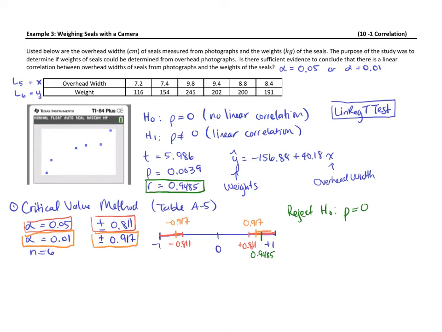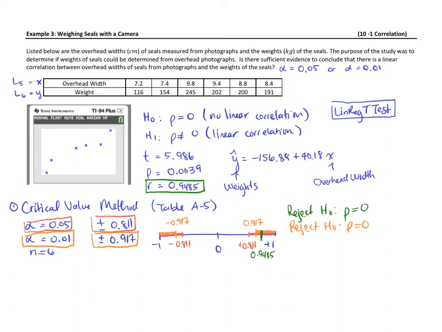I'll shade in the critical region at that significance level. Hopefully you can see that our correlation coefficient for our sample data, 0.9485, still lies in the critical region, so it's still in the orange region at a significance level of 0.01. So we would still come up with the same conclusion, which is to reject the null hypothesis, okay?